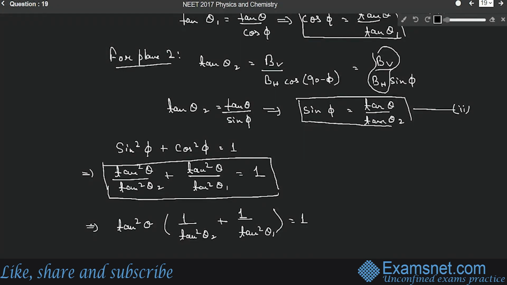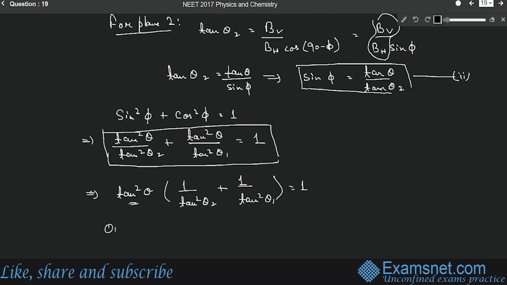Now we divide both sides by tan square theta, just to cancel this tan square theta.